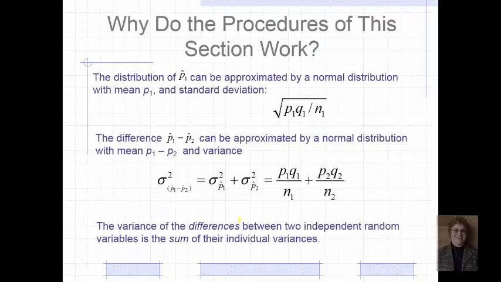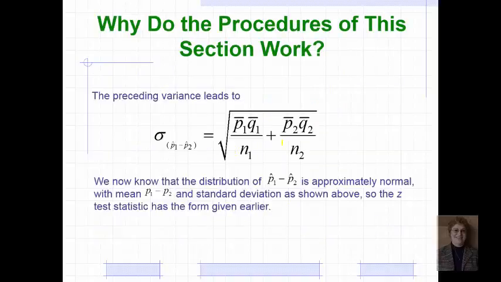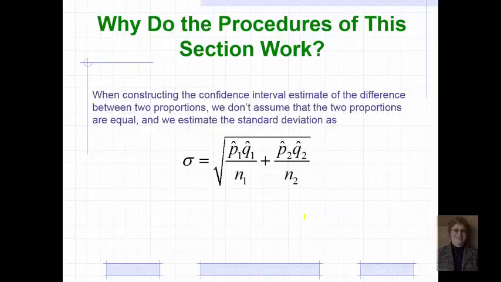Okay, now I'm going to tell you this is going to be something I'm going to talk about quickly, and you don't need to know why these procedures work. But here is the equation for our standard deviation, and we can estimate the standard deviation using this, and that's why we put all this under the square root sign, and that's why it works.